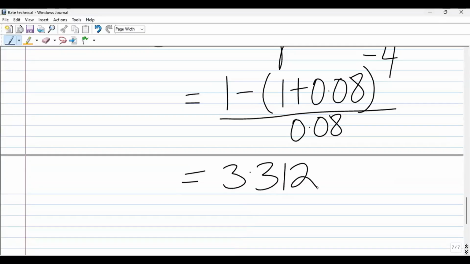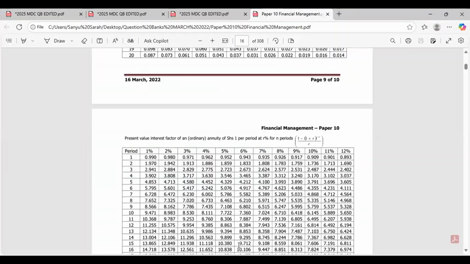So this is annuity. Now, if we go to the tables, let's see if we get the same. So the tables that they give us, we have present value interest factor of an ordinary annuity. You see up, they show you the formula that they have used to get those values. So they have period.